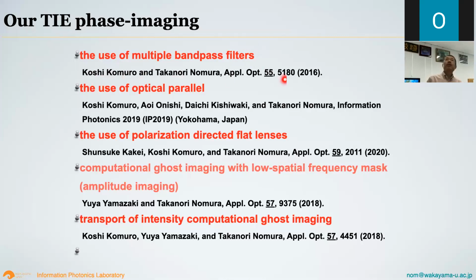So this is a paper. The details can be checked in this paper. So 1, 2, 3, 4, and before the last one, I will give you the computational ghost imaging with low spatial frequency mask. This is amplitude imaging, but it is useful for understanding the last topics.